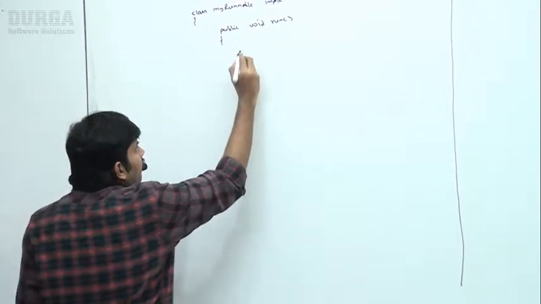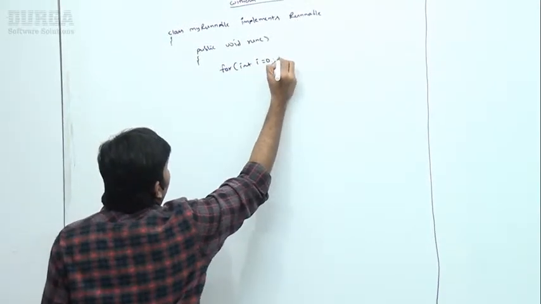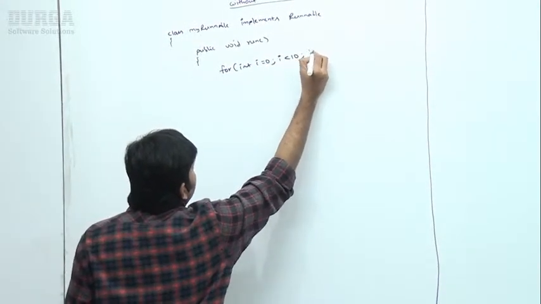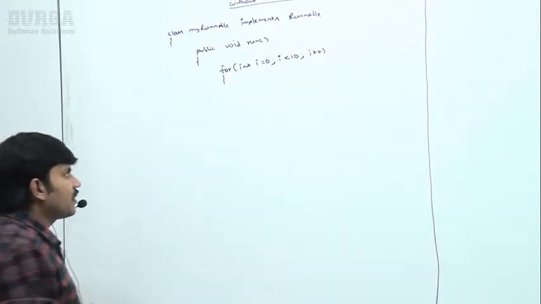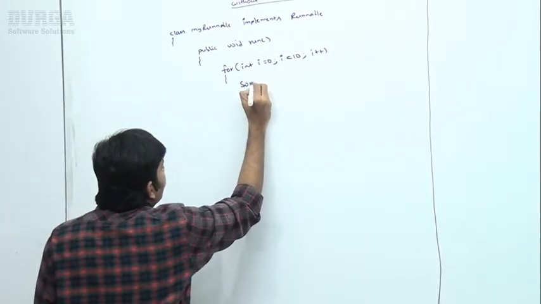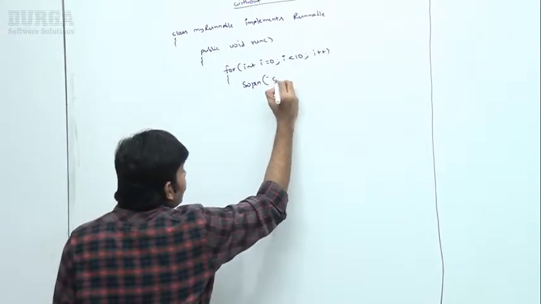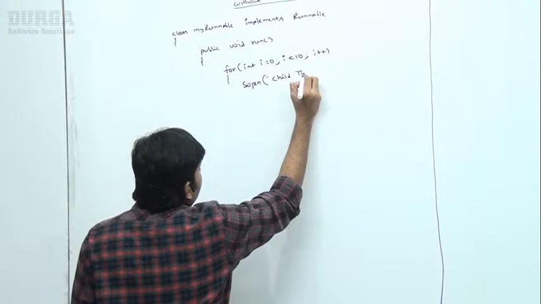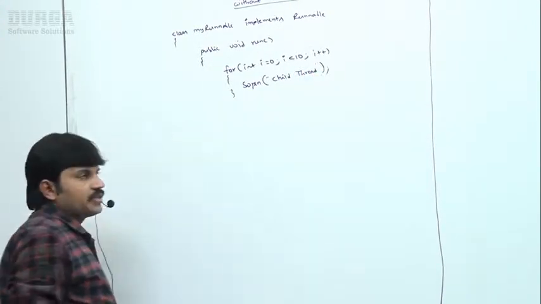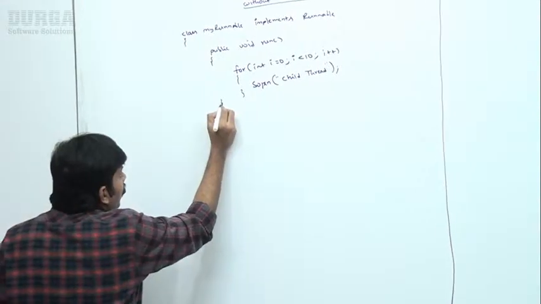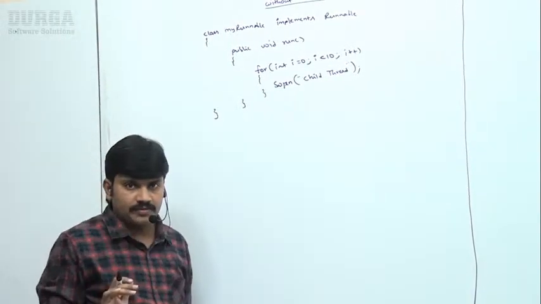Just assume my job is: for int i = 0, i < 10, i++, System.out.println, I'm taking "child thread". How many times is this for loop going to execute? 10 times. Have you observed?